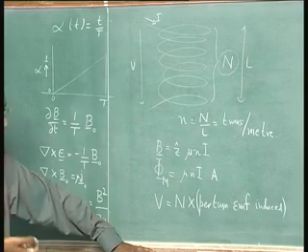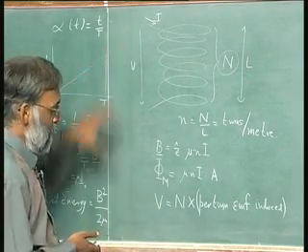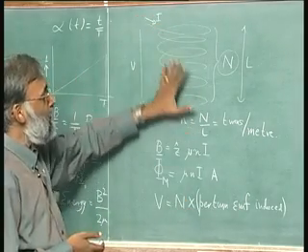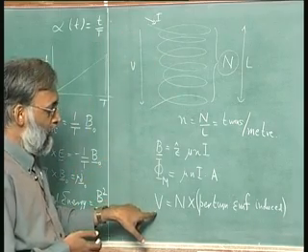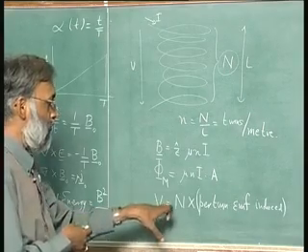Now, this is not quite correct, there should be a minus sign. So, what I mean is that if there is a magnetic field increase inside the coil, there is going to be an induced EMF. This voltage is the voltage required to overcome that induced EMF. That is why there is no minus sign here.